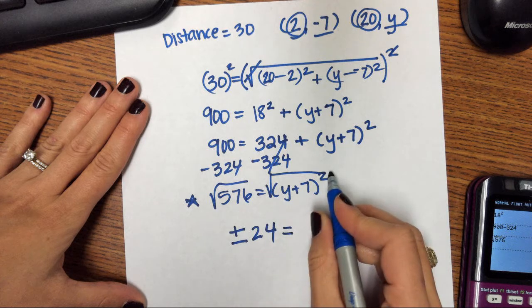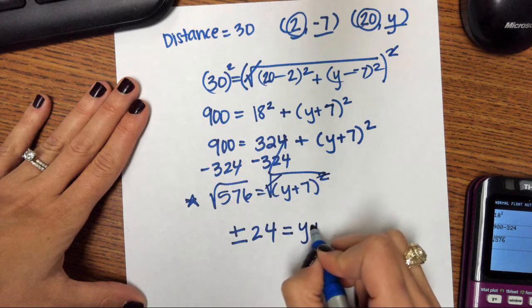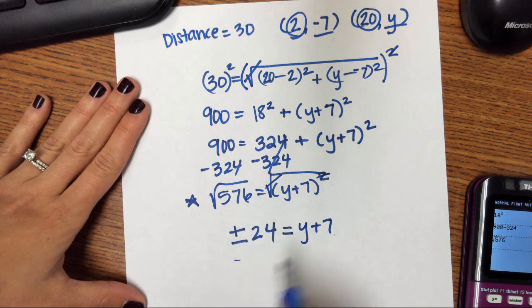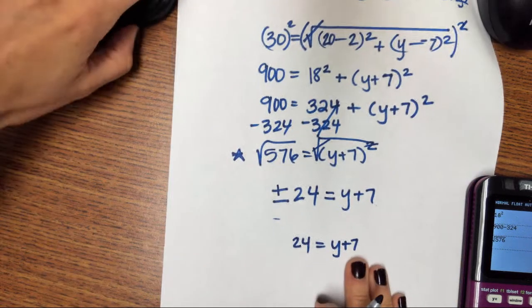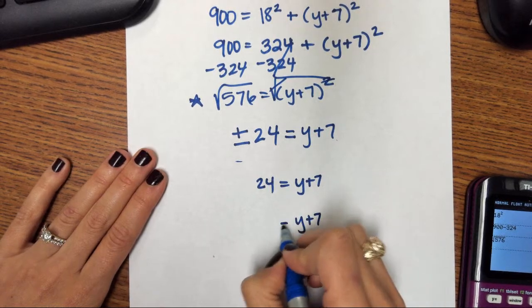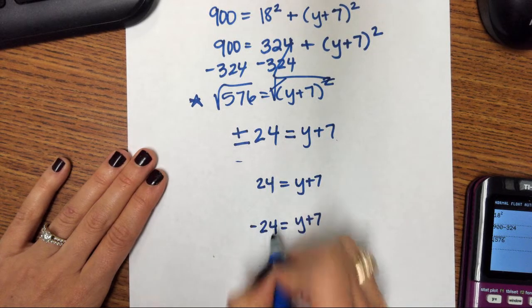Equals, okay, what's left over here? These cancel. I now have two problems. I have y plus 7 equals 24, and I have y plus 7 equals negative 24.